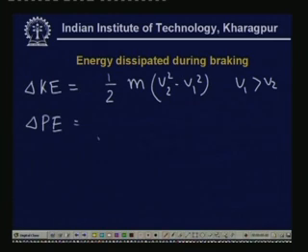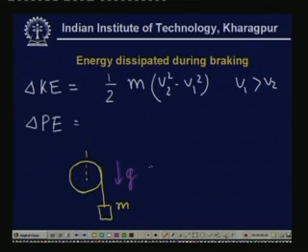That happens in various cases. For example, let us consider this case. Let us say there is a pulley over here and a mass m is moving down, with gravity acting.